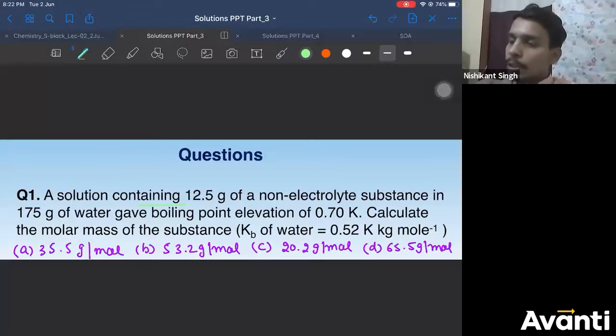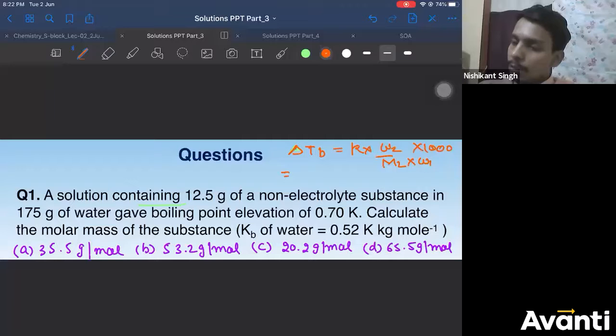Right. So this is your formula, delta TB is equal to Kb into molality, which is W2 by M2 into W1 in gram into 1000. This is your formula of molality.